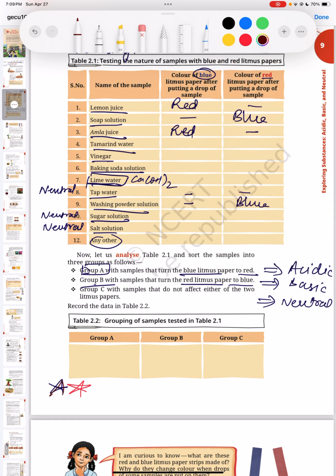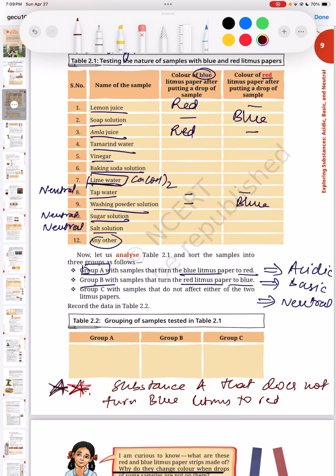Suppose there is a substance A that does not turn blue litmus to red.